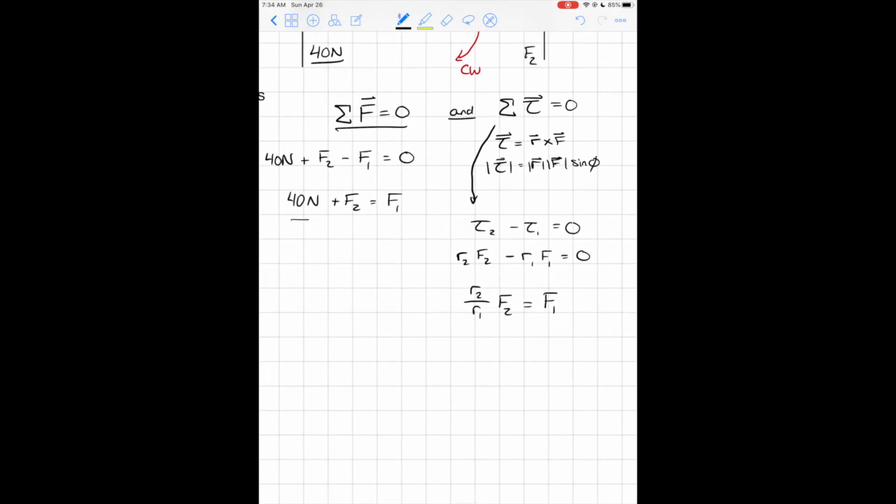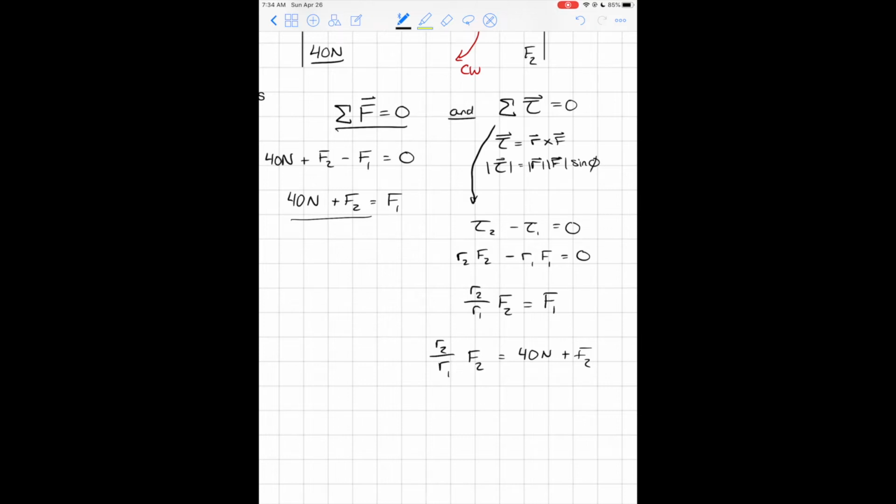And now let's substitute F1 from our force side of this problem in right here. So I'm going to have R2 over R1 times F2 equal to 40 newtons plus F2.